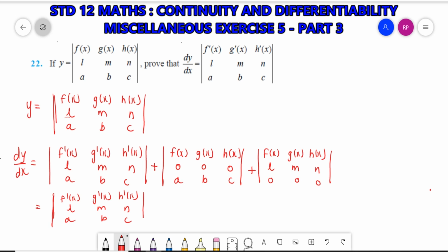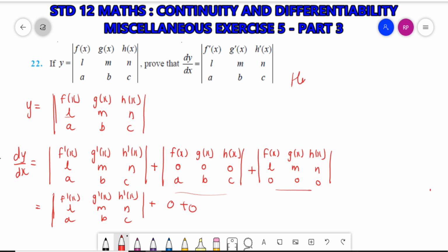Now we know that in a determinant, if all the elements of any one row or any one column are 0, then the determinant value is 0. So this will be 0 and also this will be 0.